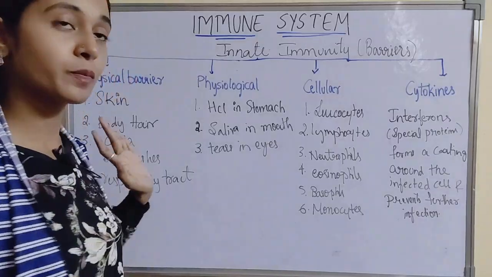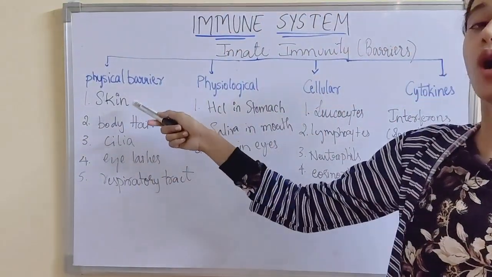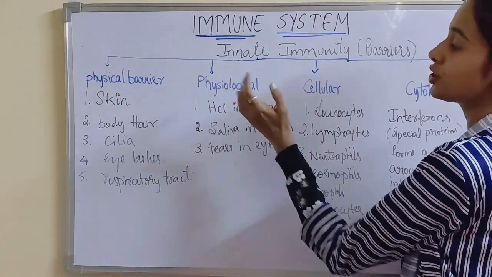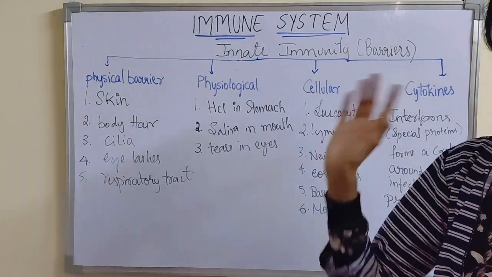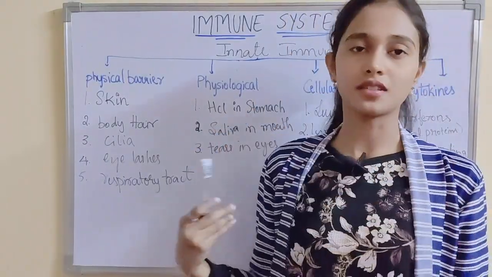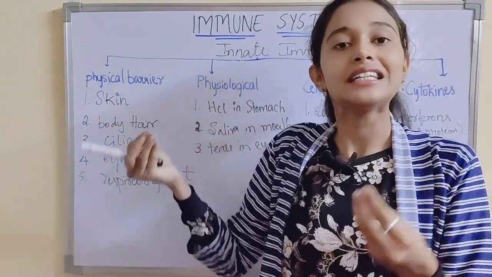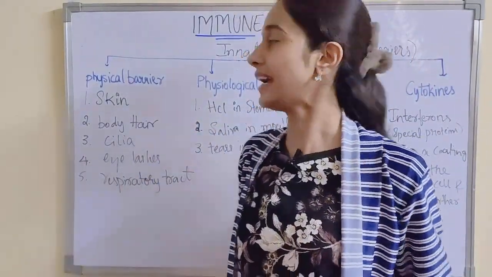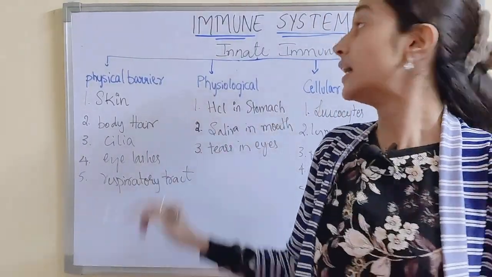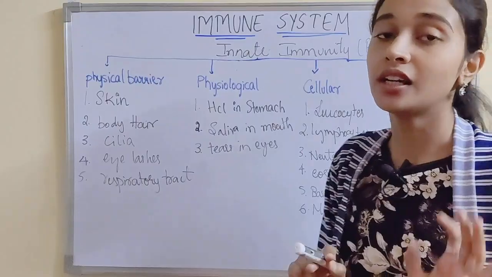These all are considered as physical barrier. In physiological barrier, HCl in stomach. HCl is a best example for innate immunity because it burns. You don't know whether it is bacteria or virus. It will just burn it, right? So, and again, saliva in our mouth and tears in eyes. These act as physiological barriers.